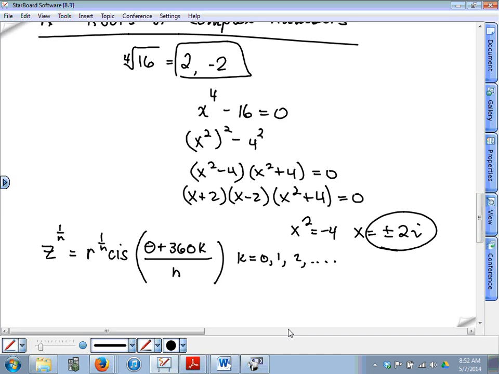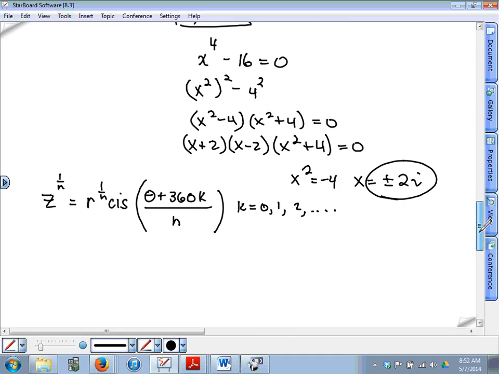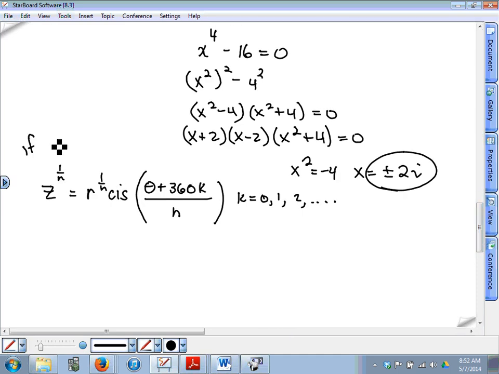Does that mean k is equal to positive integers? Yep. It can't be negative. Now, actually, if z is equal to r CIS theta, this formula only works if z is in polar form, not standard form.